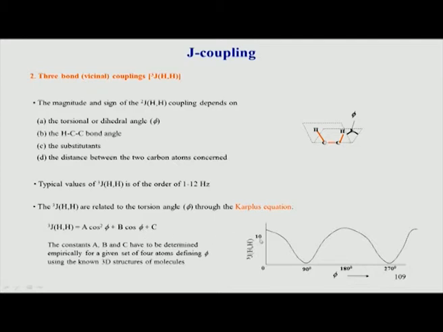So there is always a degeneracy, which is shown here. For example, if you take this particular J value, say 6-7 hertz, you see it has 2 or 4 possible solutions. Of course, they are related by 180 degree rotation, but you can see there are two possible values which will satisfy this J coupling.